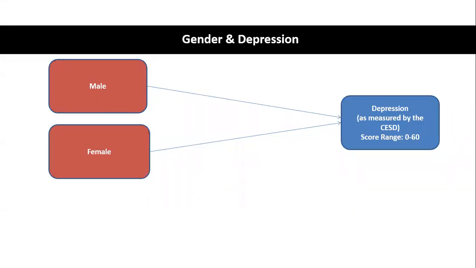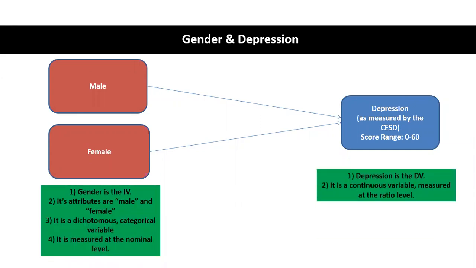So here's an example of the relationship that we could potentially look at between gender and depression. In this particular example, gender is the independent variable in this study. If we were hypothetically doing a study that examined the relationship between gender and depression, gender would be the independent variable. The attributes of gender would be male and female. This would be considered a dichotomous categorical variable, and this variable is measured at the nominal level.